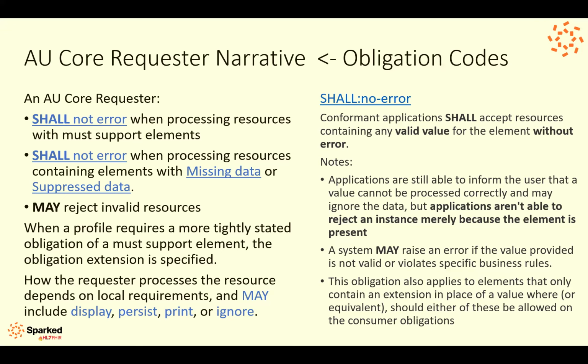So if a reference had a valid identifier, but you're expecting a reference, you still need to be able to accept that resource. But now we're talking about an invalid format of an identifier, such as the identifier type was not properly specified, then you can reject that.